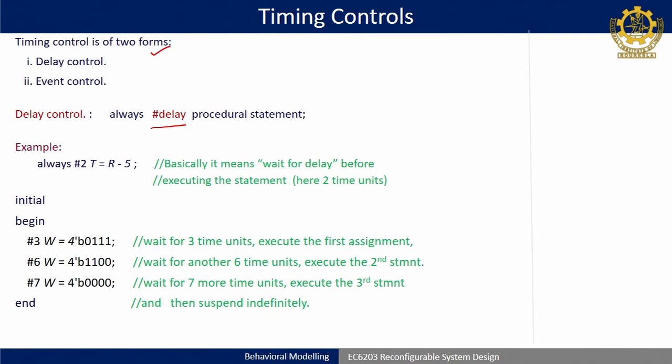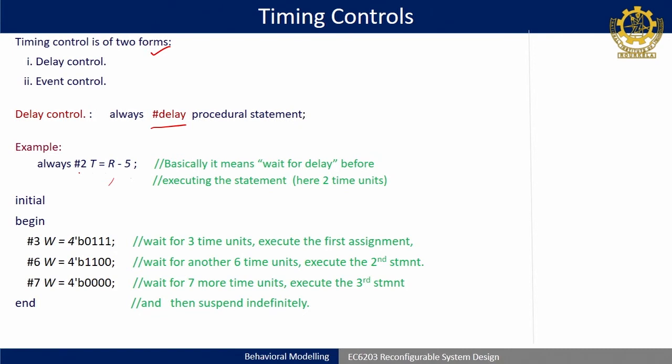So, the delay control form is always hash delay procedural statement. Okay. Now the first example: always #2 t = r - 5. That means this block will execute and it will initially wait for 2 time units of delay. After that the value of r minus 5 will be assigned to t.